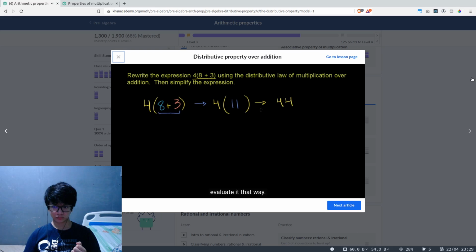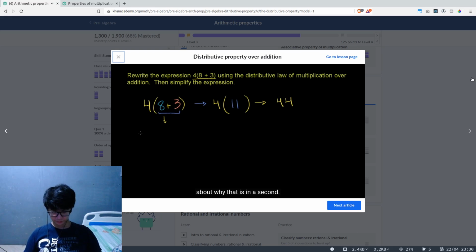So you can evaluate it that way, but they want us to use the distributive law of multiplication. We did not use the distributive law just now. We just evaluated the expression, we used the parentheses first, then multiplied by 4. In the distributive law, we multiply by 4 first. And it's called the distributive law because you distribute the 4, and we're going to think about what that means. So in the distributive law, it'll become 4 times 8 plus 4 times 3.